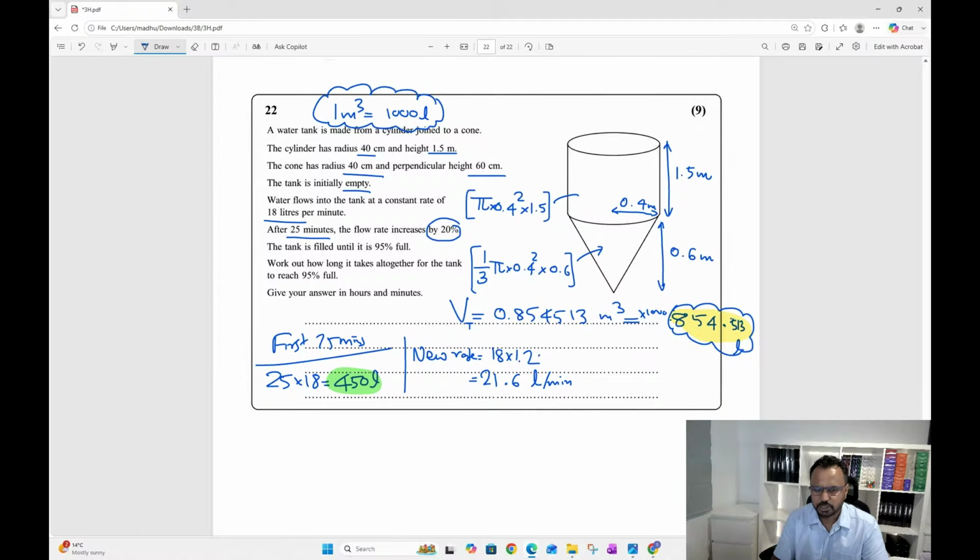Yeah, it's okay, I know the time, guys. I'm literally finishing it. Last question, right? So 21.6 liters per minute. The tank is filled until it is 95% full.